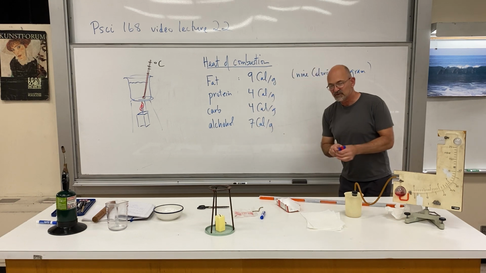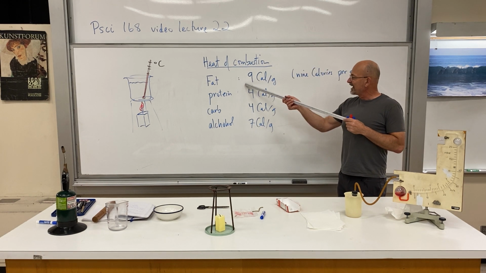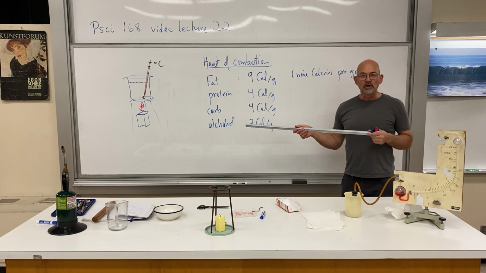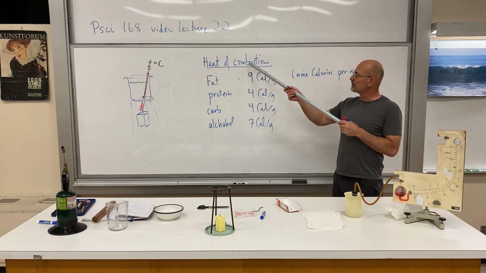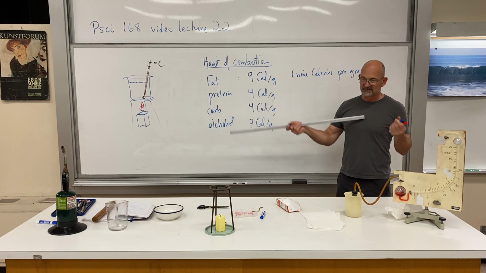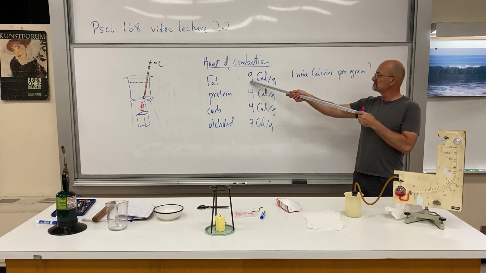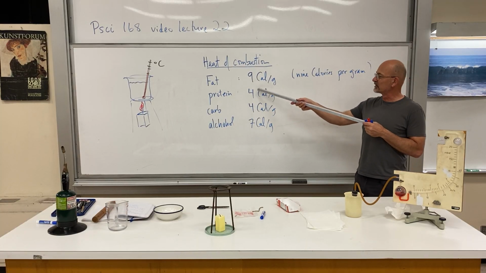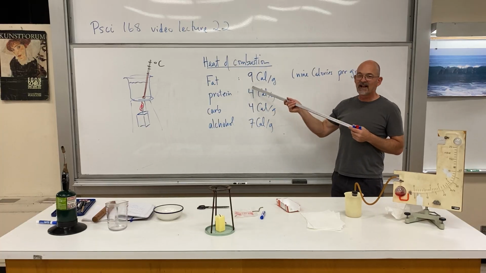Now the interesting thing about this is it's pretty much the rough range for all fuels. So if you were to try to find out what's the heat of combustion for gasoline, it would be maybe 10 calories per gram. All oils, olive oil and so forth, 9 calories per gram.